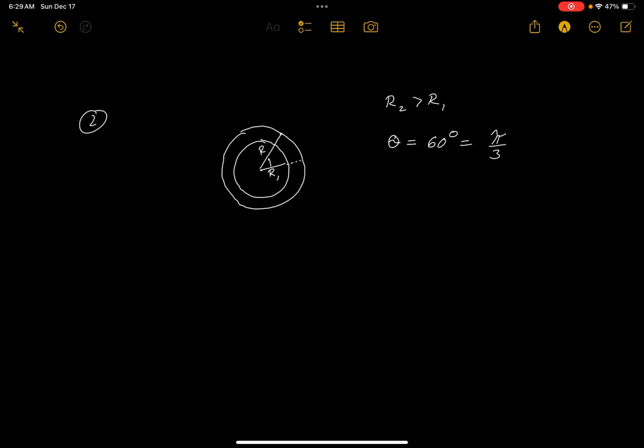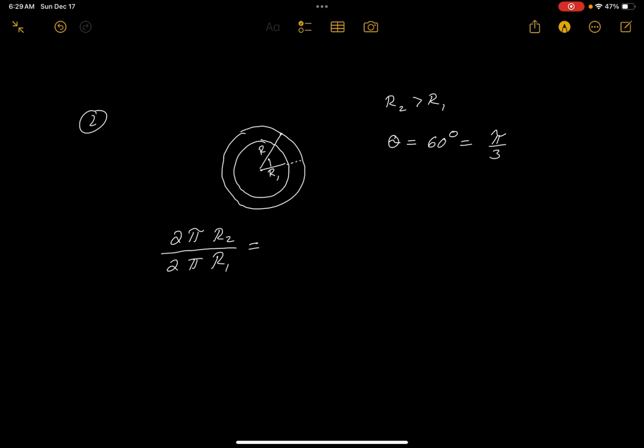Let's keep reading. It says the perimeter of the two concentric circles. Well, I can write the perimeter down now. The perimeter of the big circle is 2 pi R2, and the perimeter of the small circle is 2 pi R1.